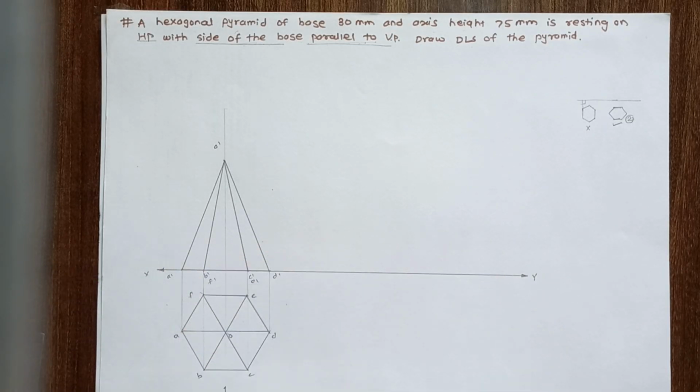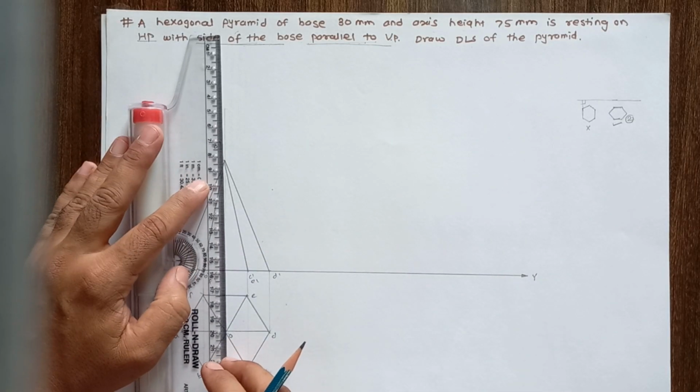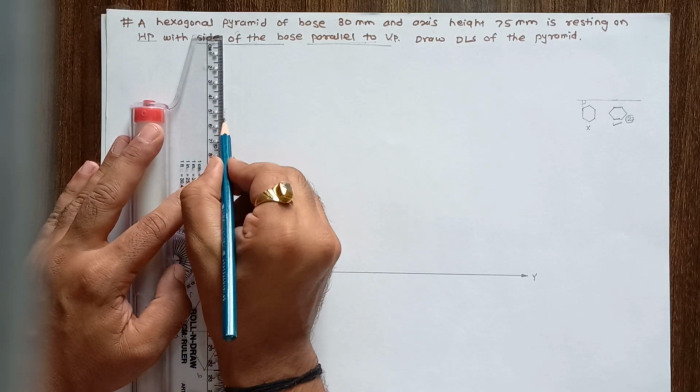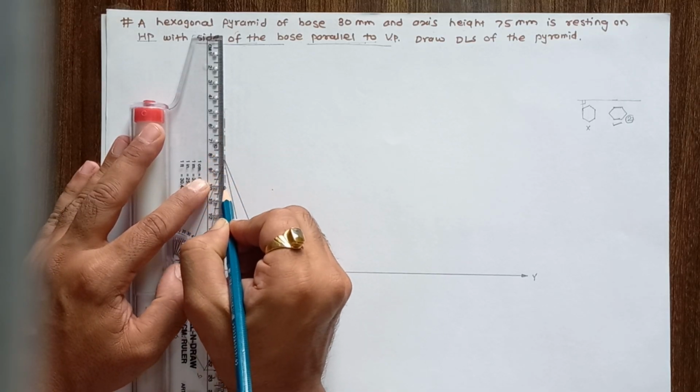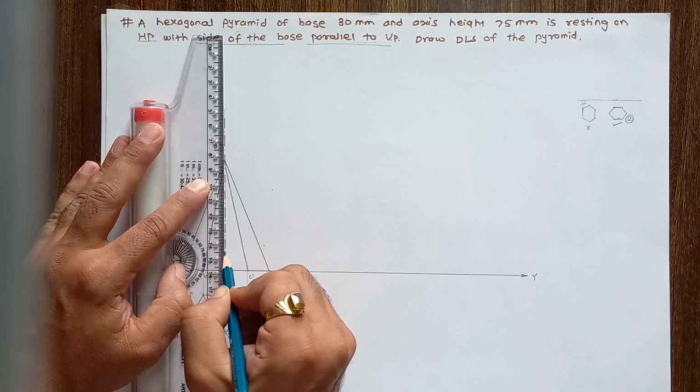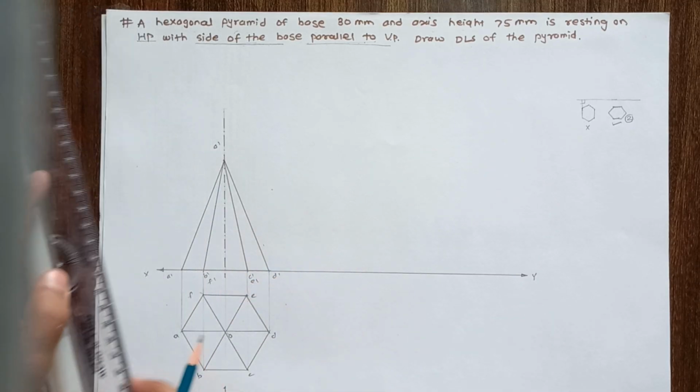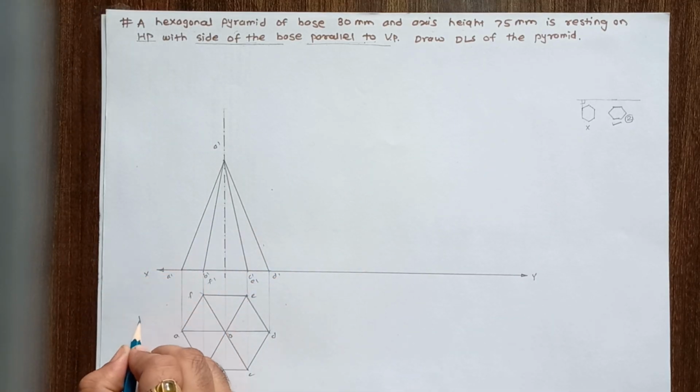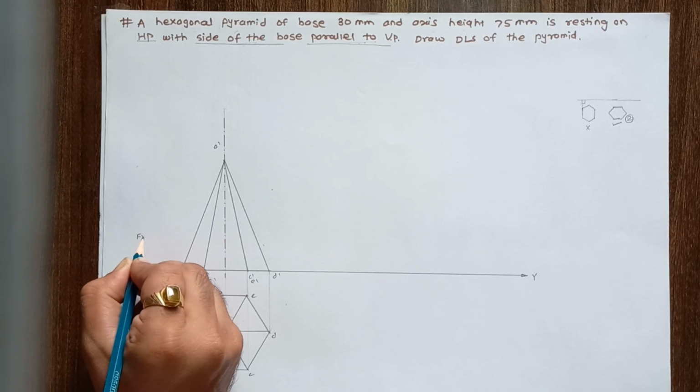This is the front view of this hexagonal pyramid. Now show the center line. This is the top view, and this is the front view of this hexagonal pyramid.